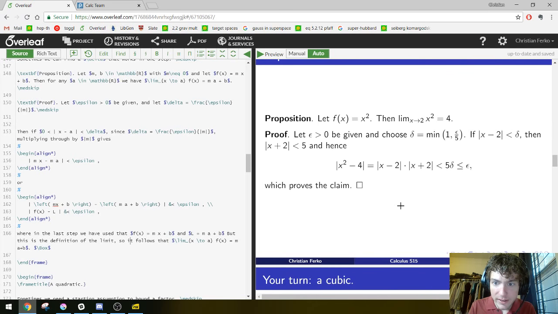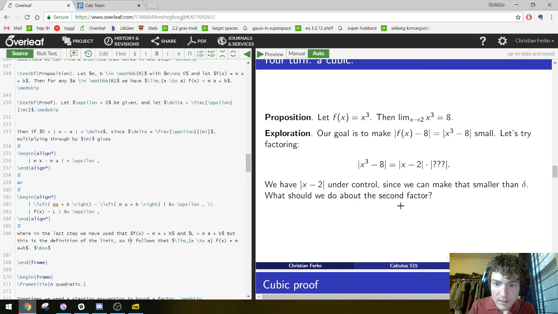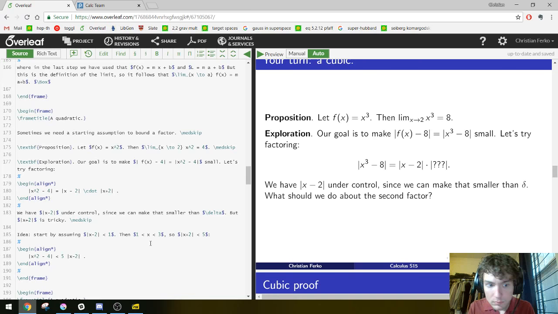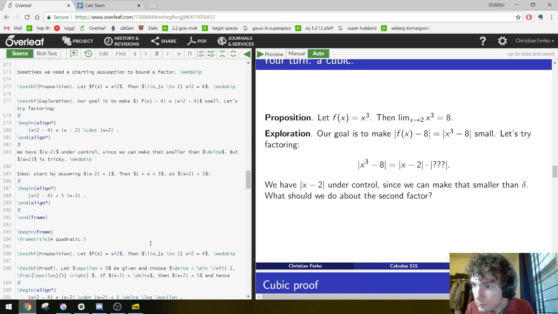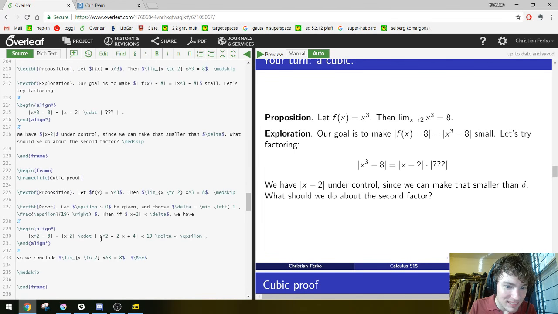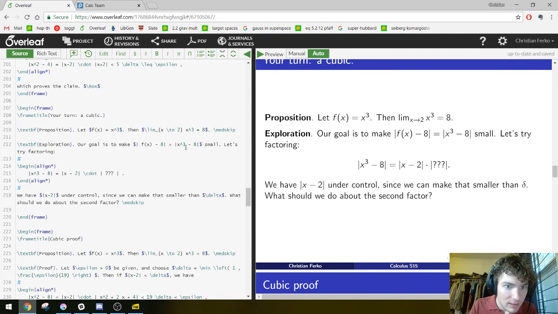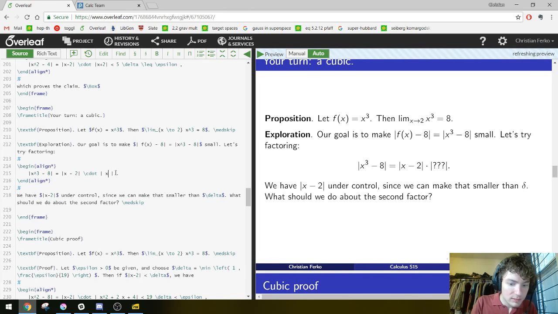Go down here and I can plug it in as you tell me. Trying to find, there it is. So that would be breaking into absolute value of x minus 2 times x squared plus 2x plus 4.